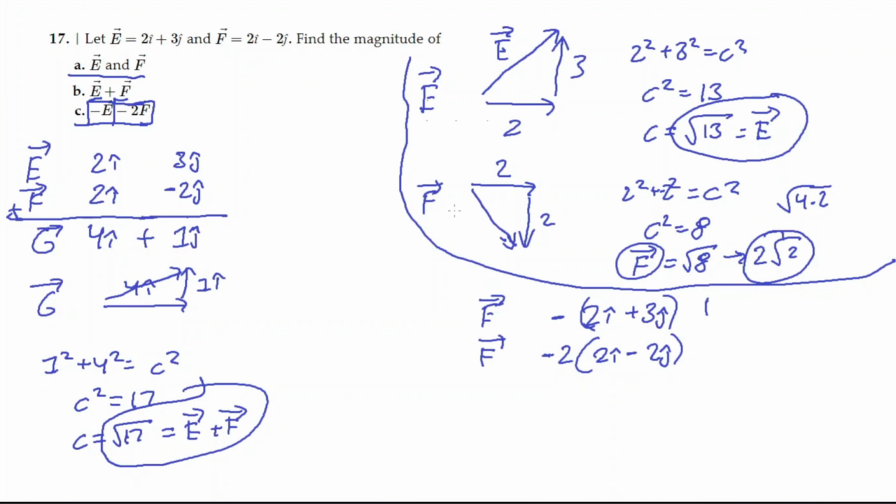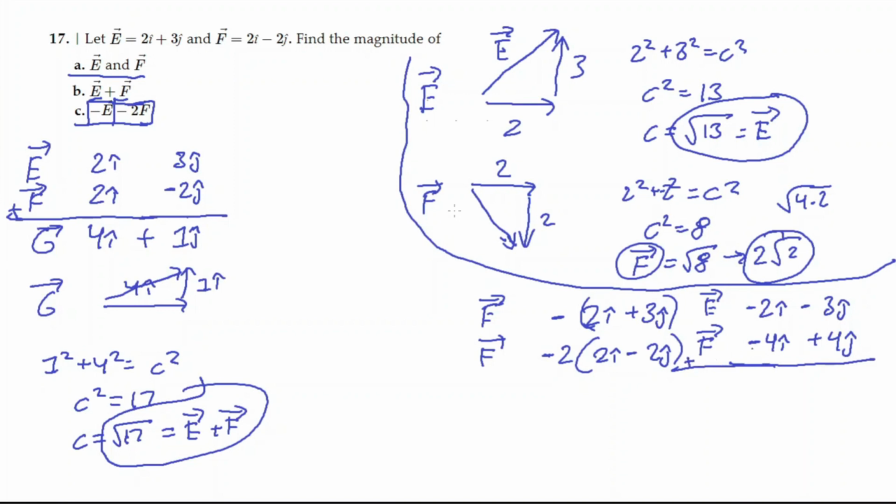So when we multiply it out, we're going to get a new vector e of negative 2i minus 3j, and then a new f component of negative 4i plus 4j. And now we add this together.